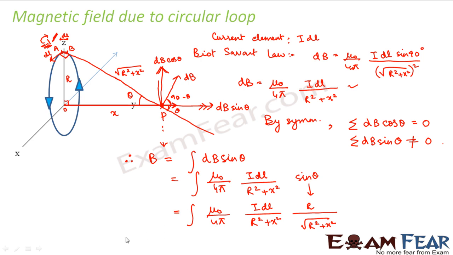Right? So this becomes equal to mu naught by 4 pi I r divided by r square plus x square to the power 3 by 2 into integration of dl. So dl will be integrated from where to where? This dl is basically a small component of the entire circumference.